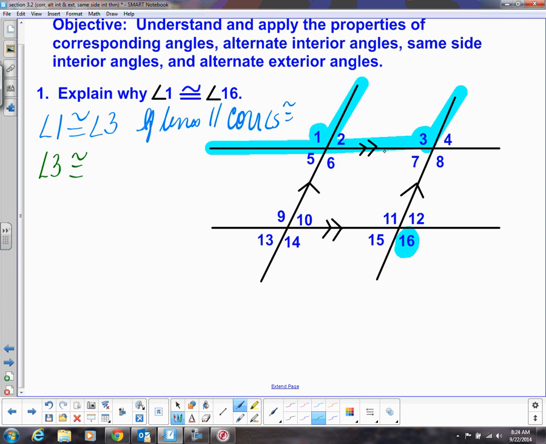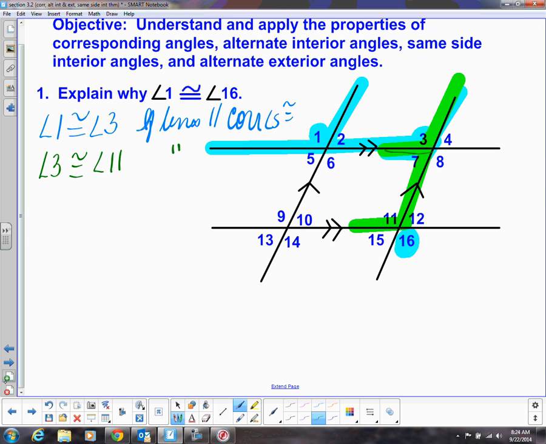If we look at 3 and we look at 11, what is formed? An F, meaning angle 3 is congruent to angle 11. And that's going to be for my same reason, correct?